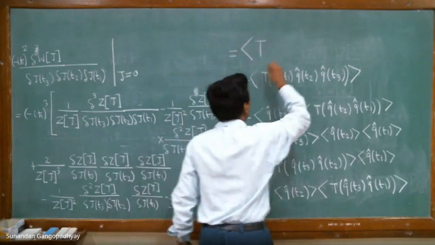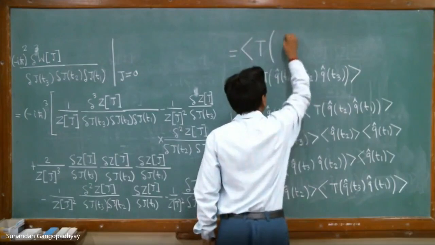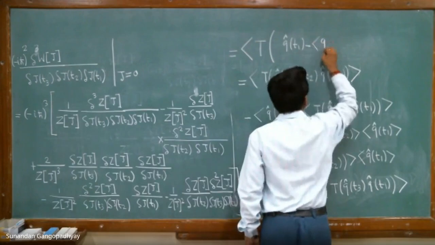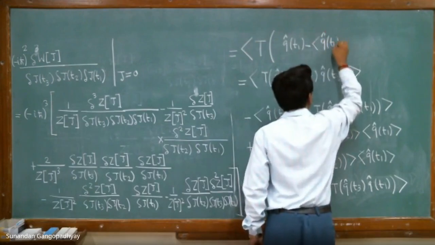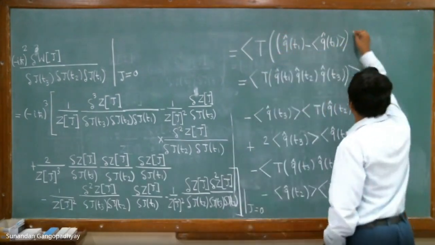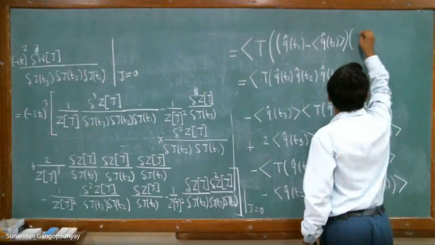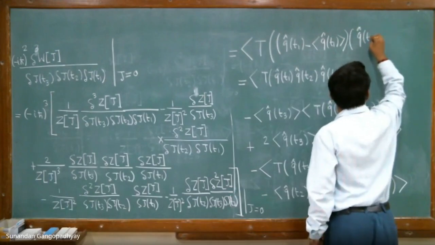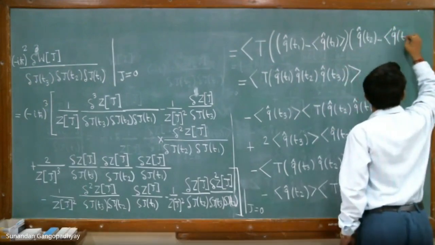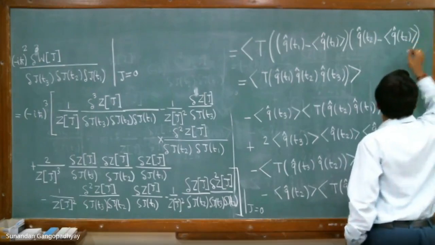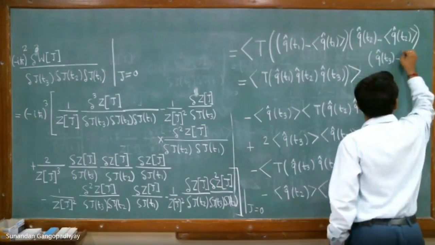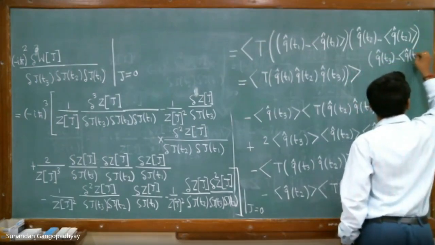You can write this as the time ordered product of q hat T1 minus the expectation of q hat T1, so this is one term, multiplied by q hat T2 minus the expectation of q hat T2, multiplied by q hat T3 minus the expectation of q hat T3.